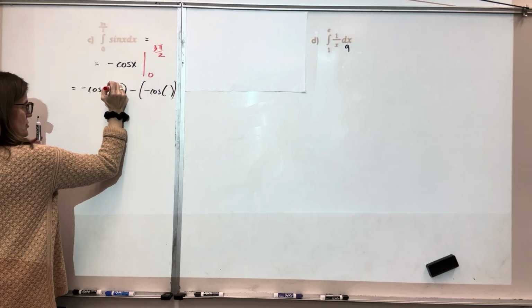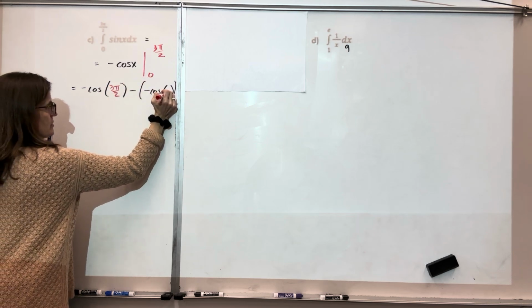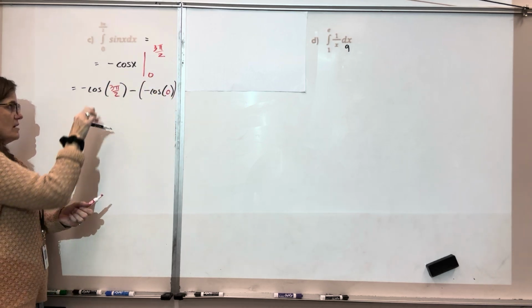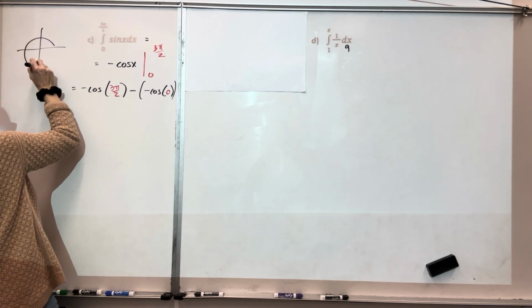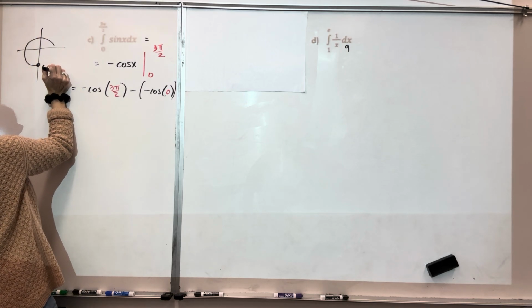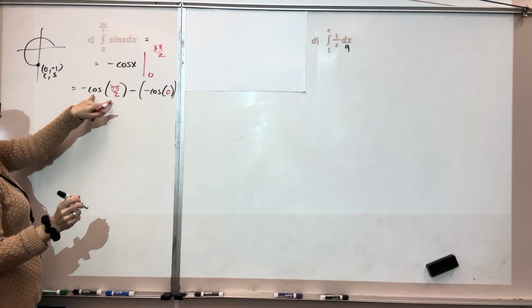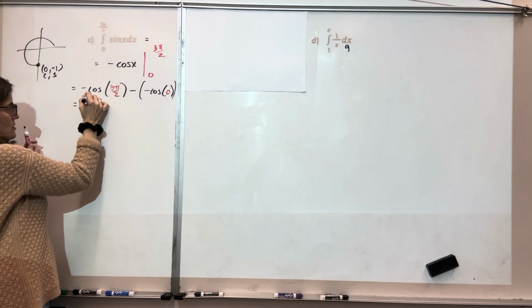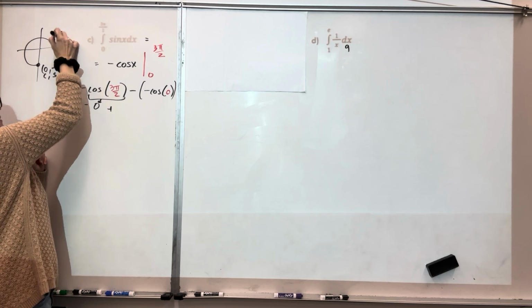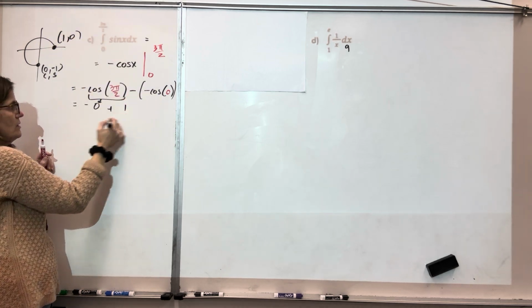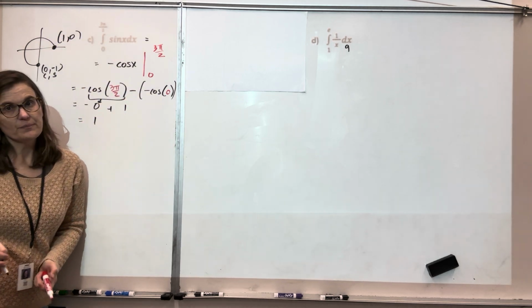So the top one goes in first, minus the bottom one goes in. So then cosine of 3 pi over 2, 3 pi over 2 is 270 degrees, right? So that's 0 comma negative 1, cosine sine. So I know that's going to be a 0, so negative 0. And then plus cosine of 0, well that's right here, right? 1 comma 0, so that would be 1. So final answer looks like it's 1.